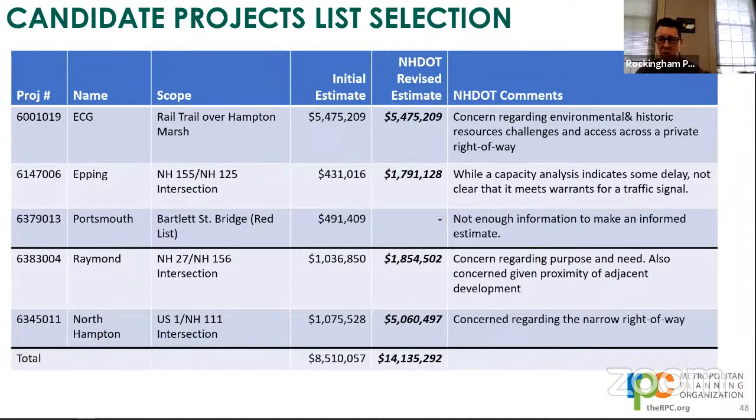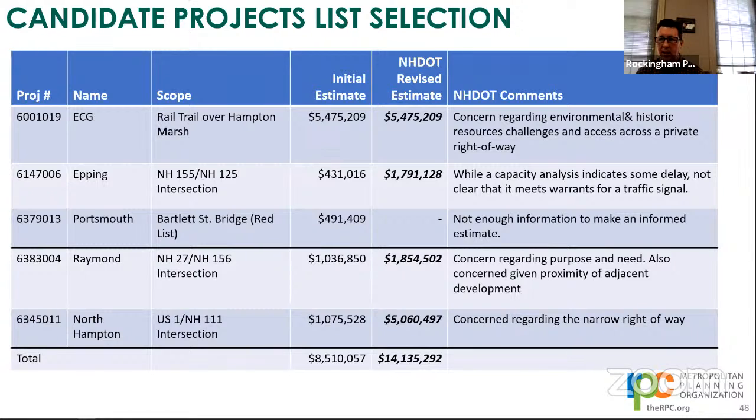There are some concerns with tidal flow and things like that which they felt might be challenges for that project. There's also an access across a private right of way, which I believe Scott understands the details of, so maybe it isn't quite as much of an issue as it was thought. But anyways, that's still a $5.5 million project.